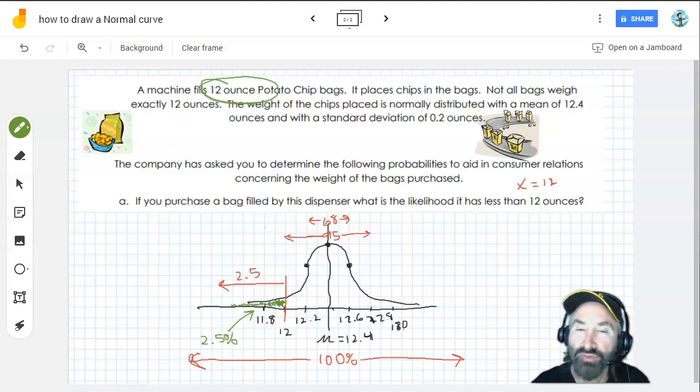It means that if we shoot for a mean of 12.4 ounces when we sell these potato chips, about 2.5% of the time somebody will get less than what they actually deserved. In other words, 97.5% of the time, our customers will get more than what they bargained for.